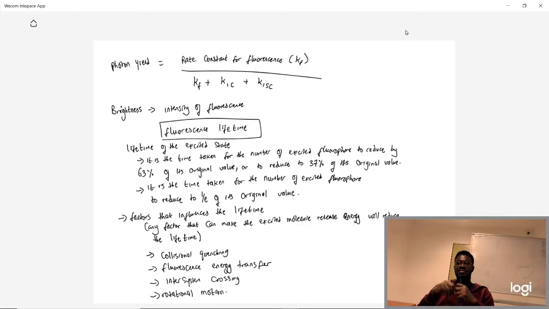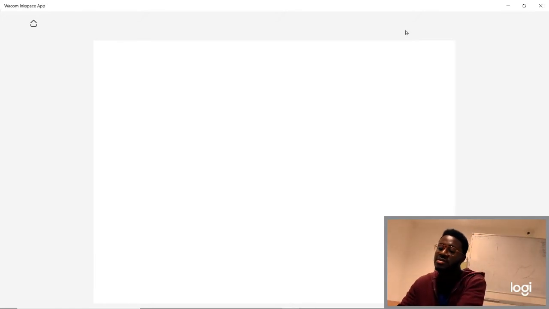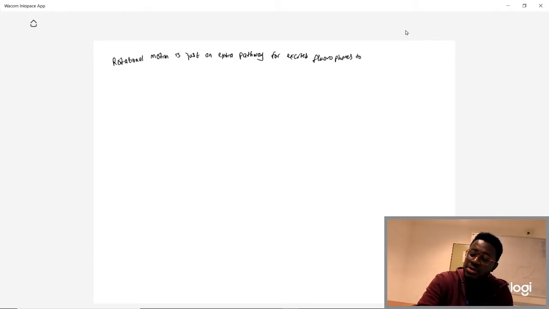Exactly. Because rotational motion is just an extra way for the molecule to lose energy, instead of gain. So rotational motion reduces the half-life. You understand, right? Rotational motion is just an extra pathway for excited fluorophores to lose energy.